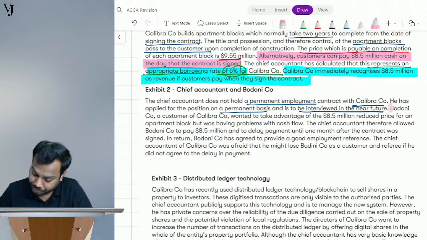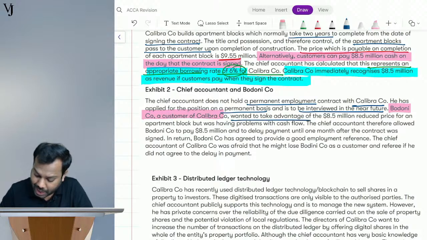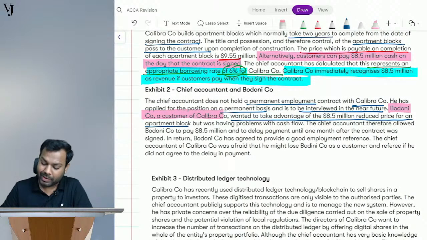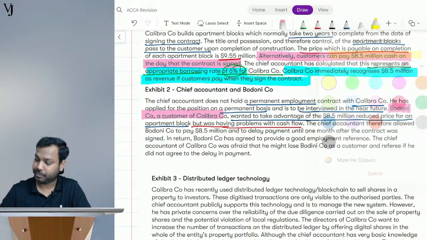Bodani company is a customer of Calibra company. It wanted to take advantage of the $8.5 million reduced price for an apartment block, but was having problems with the cash flow. Now see here, this is where the issue comes up.